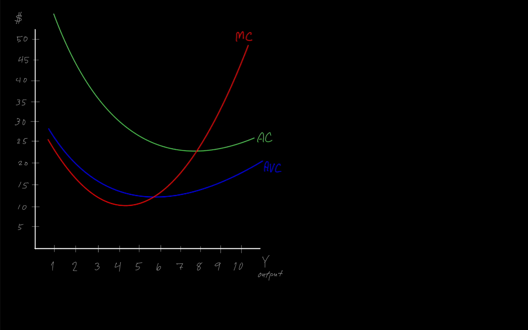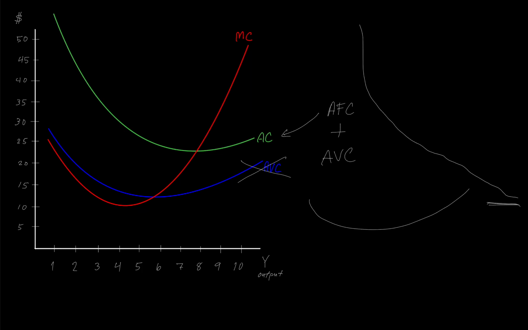So with that said, let's go ahead and maybe just for the moment we can take out average variable cost here, because we know, again, average cost is average fixed cost. Remember, this is the curve that looks like this. It keeps going down and down, but it never ever hits zero. Plus average variable cost, which takes on that, as you can see, this sort of bowl shape, right?